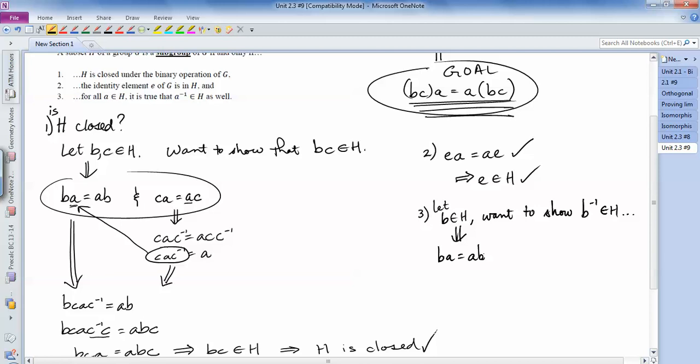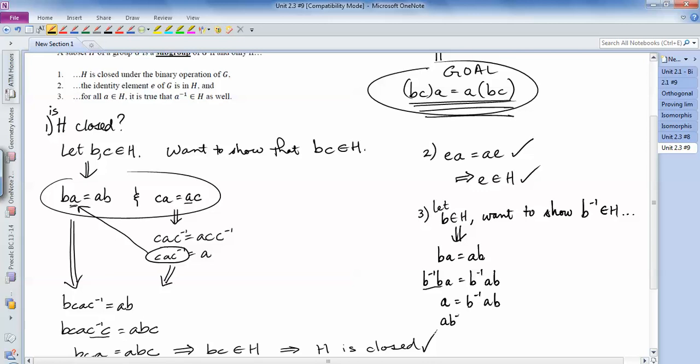So, let's throw an inverse in front of everything. So B inverse BA equals B inverse AB. And then this part's going to turn into E times A, which is just A, equals B inverse AB. Then let's throw a B inverse on the right side of everything.